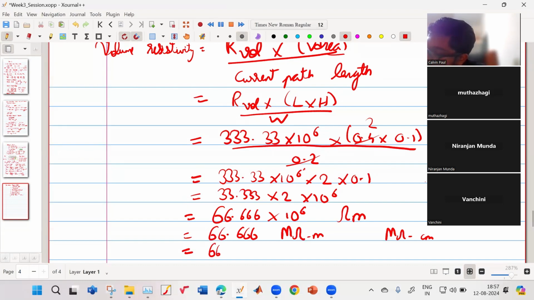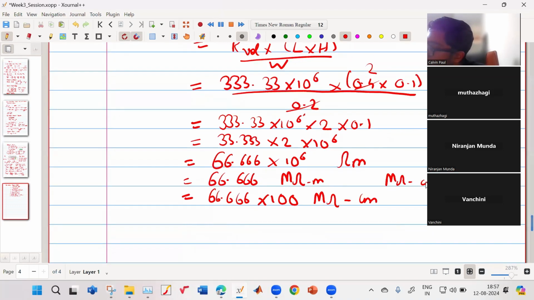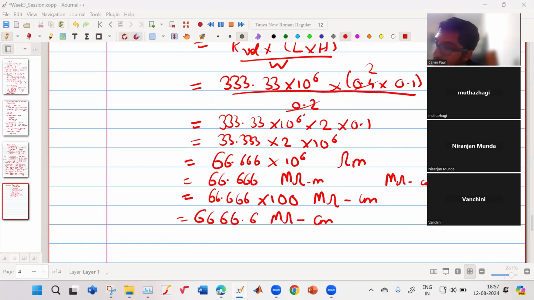So you have to make it 66.666 into 100 mega ohm centimeter. So it becomes 6666.6 mega ohm centimeter. Okay, so this is the answer. This is the volume.